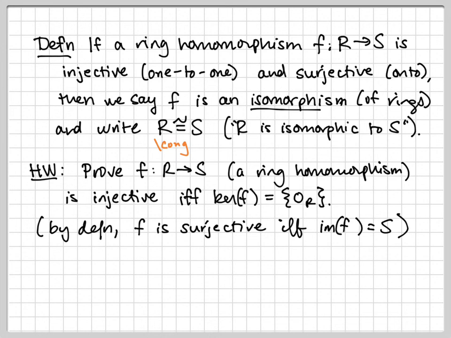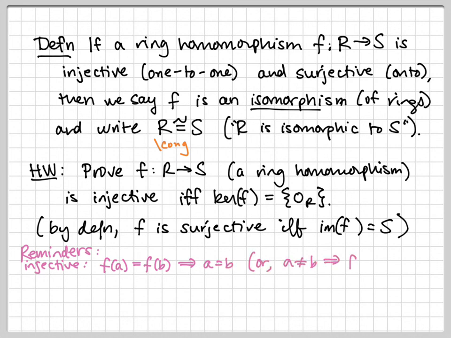If you forget off the top of your head the characterizations of injective and surjective, here are some reminders. Injective means that if you have 2 outputs that are the same, then the inputs that you used to get there must be the same. Or if you take the contrapositive, it says if you start with different inputs, you get different outputs. It's kind of the flip side to being a function. A function says if you start with the same input, you get the same output.